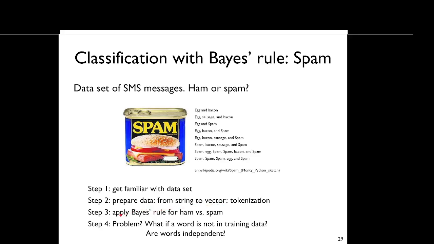Then we finally apply the Bayes rule, as you've seen it before, to decide, is it more likely, given a message, that it's ham or spam? And finally, we tackle two problems that we encounter during this process, namely, what if a word is not in the training data? And this thing that we discussed already, are all of the words independent of each other or not, and how to handle this.